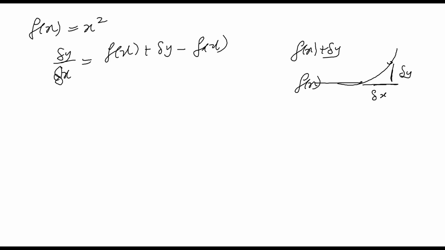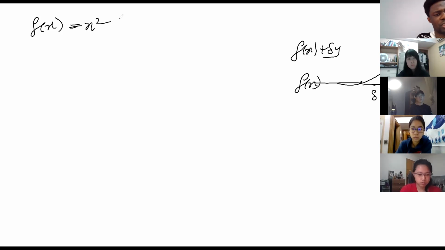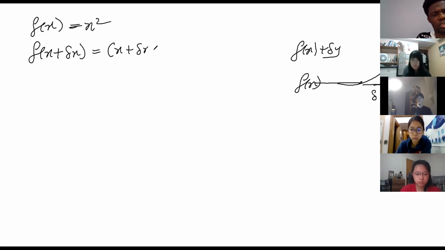Now, I think x plus delta x should have been the approach, sorry. So I have f of x equals x squared, and so I have f of x plus delta x will simply be x plus delta x all squared.